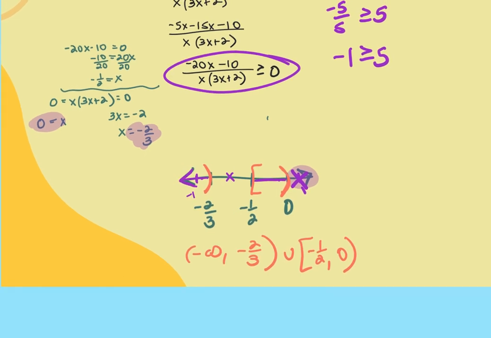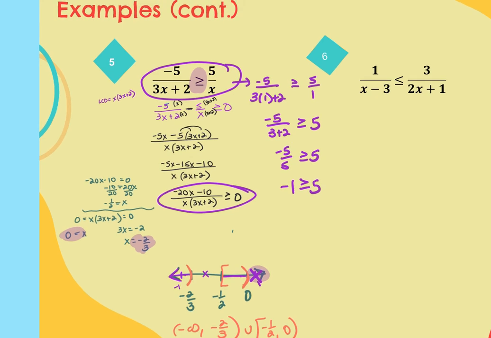So I don't really understand the part where you can tell if it's a bracket. Normally we just go to our initial sign. And if it's or equal to, everything but an infinity would get a bracket, right? If there were no fractions, that's how it would be. Like yesterday's stuff. But because there's a fraction now, anything in the denominator that would be 0 makes my entire thing undefined.